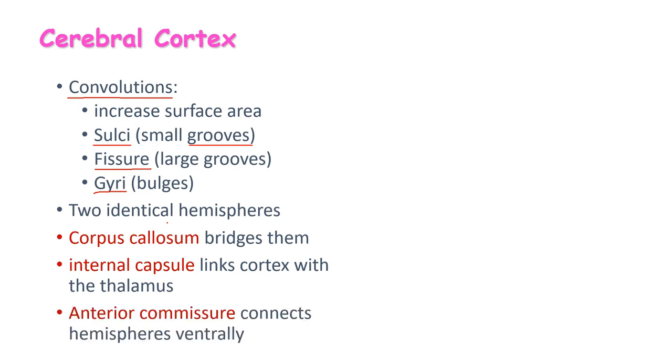The anterior commissure, which also exists in the cerebral cortex area or telencephalon, connects the hemispheres at the ventral level. So the corpus callosum is much more dorsal in structure, towards the top of the head, and the anterior commissure is a fiber tract found more ventrally, towards the bottom of the head.